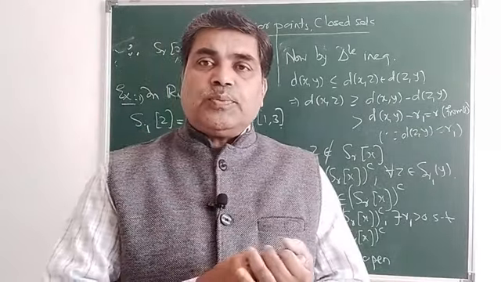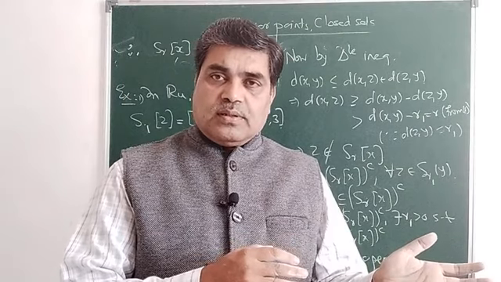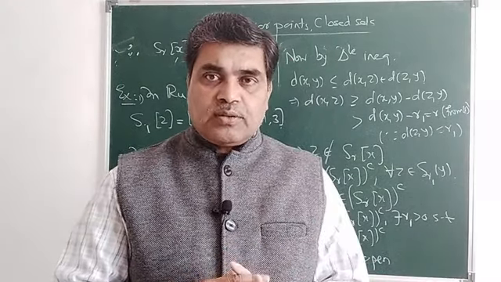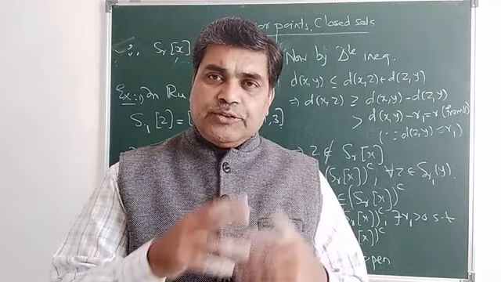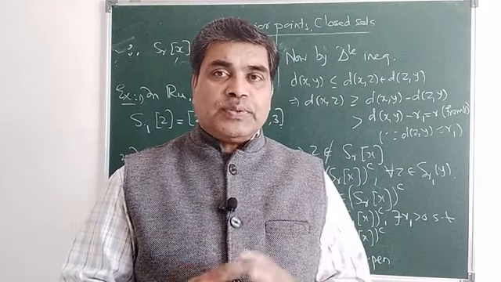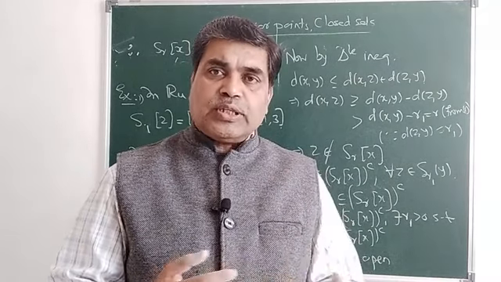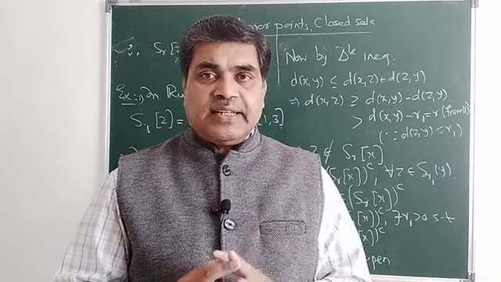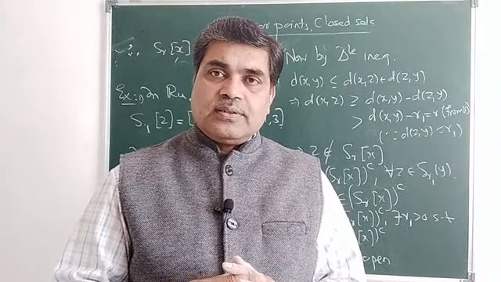For open sets we have proved that in any metric space X, the empty set and whole set are open, arbitrary union of open sets is open, finite intersection of open sets is open. Here also we are going to prove that in any metric space (X, d), the empty set and X are closed sets.